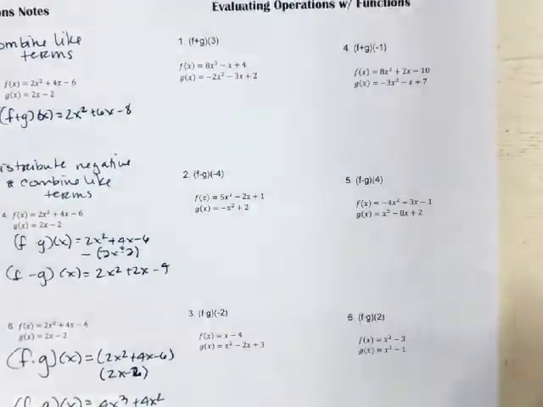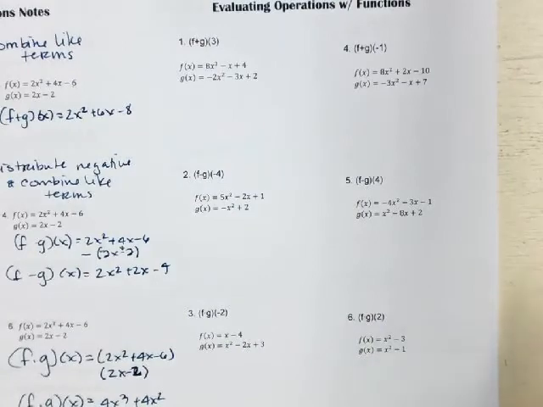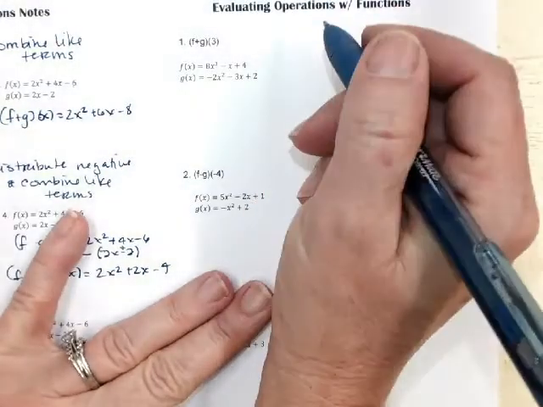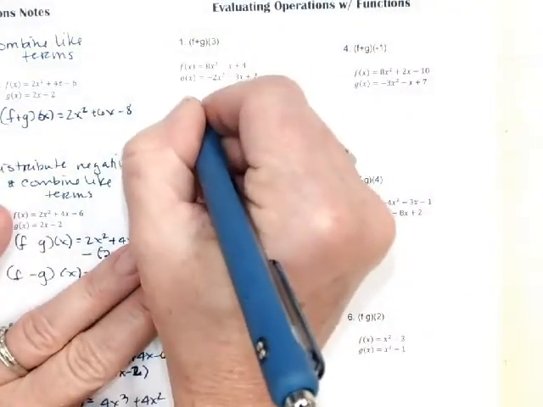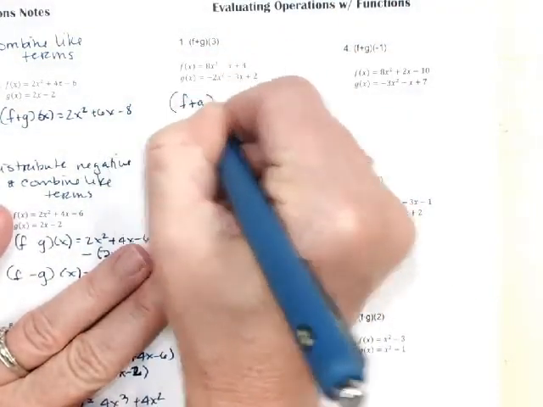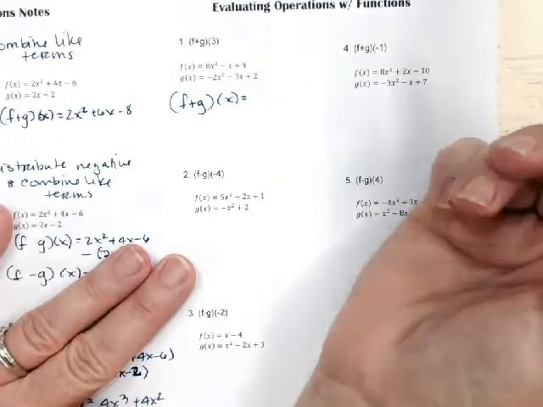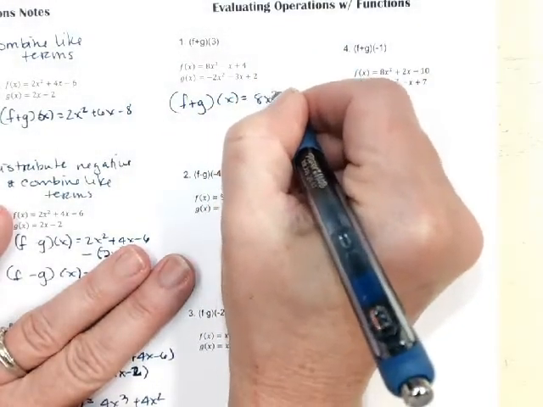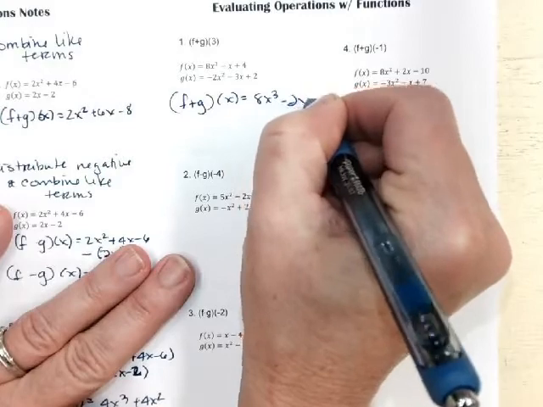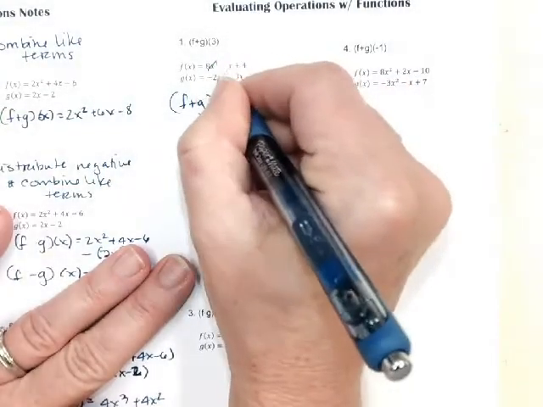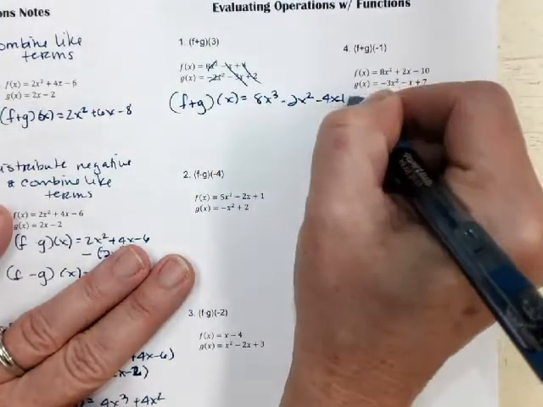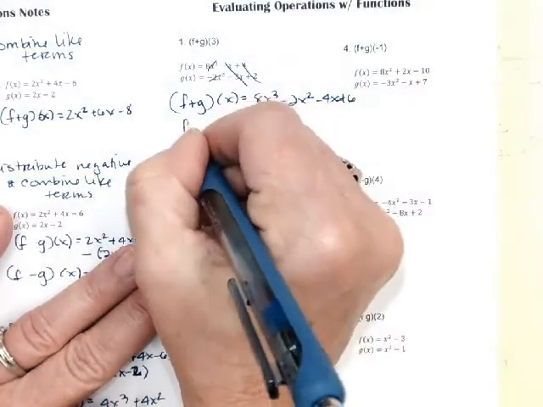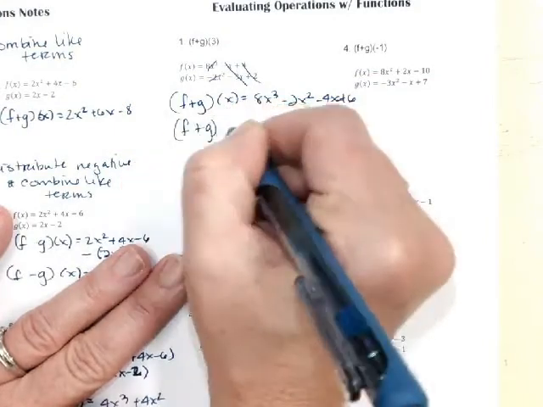When you evaluate operations with functions, you're still doing the same thing. I would do f plus g, combine like terms. So I have 8x cubed minus 2x squared, putting things together, minus 4x plus 6, and then plug in the 3, f plus g of 3.